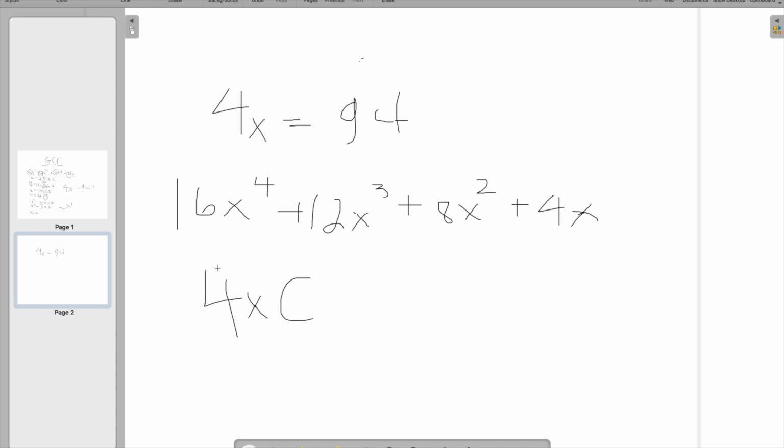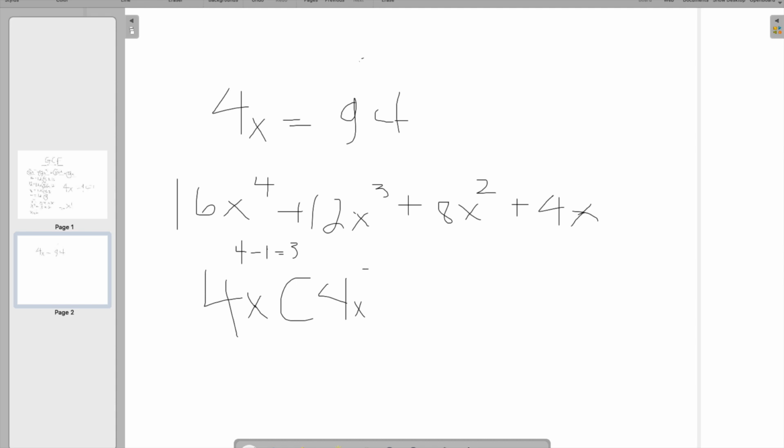So what you want to do is divide 16 by 4, which is 4, and then x to the fourth power divided by x, which is just 4 minus 1, because that's how you do exponential division, subtracting the powers.